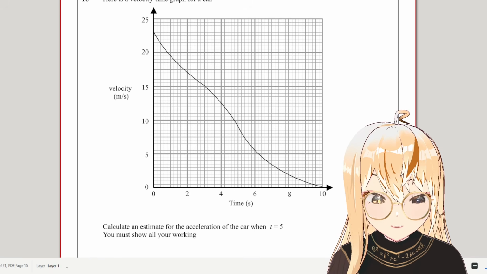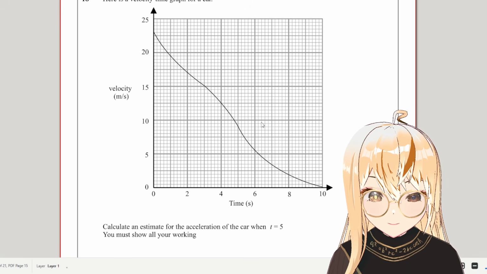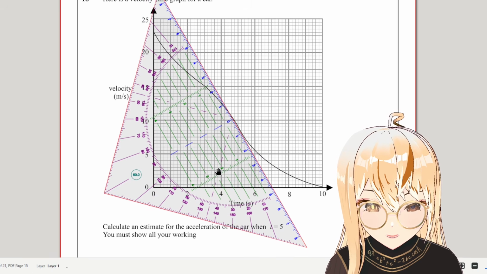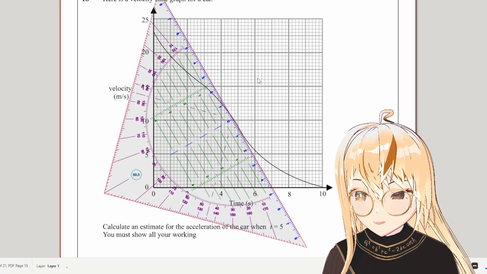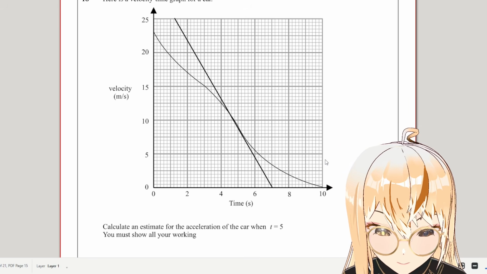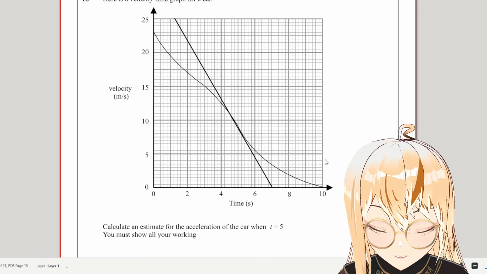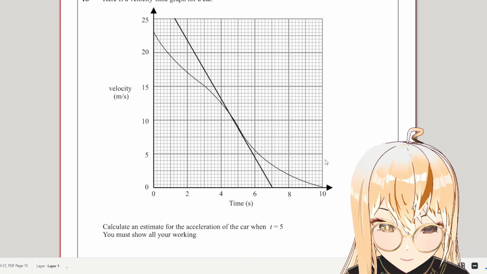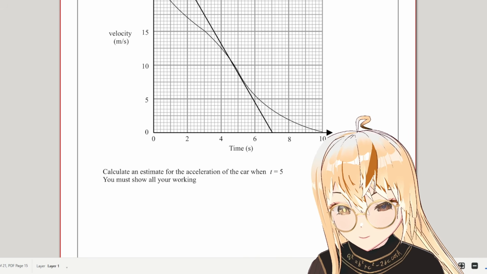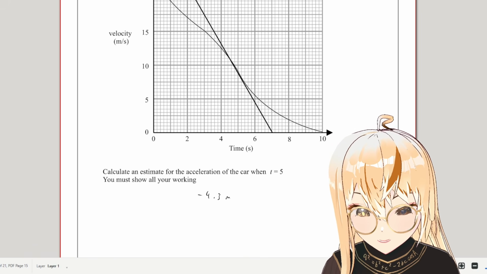So really wish I had a ruler right now, which we can estimate by getting the gradient of the graph at that point. Okay, so this is like the worst digital ruler I have ever used. Yeah, that is not even on the point, but hopefully that's right. So we've got change in y over change in x, which is minus 25 over 7 minus, let's say, 1.2, and I've got minus 4.3 meters per second squared.